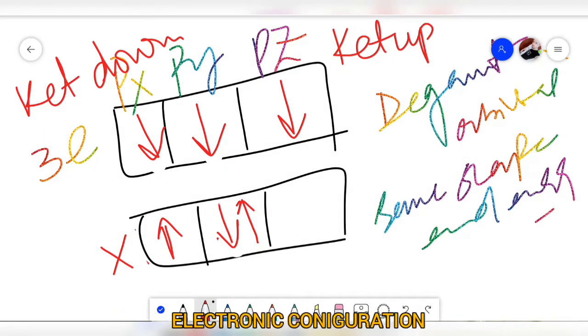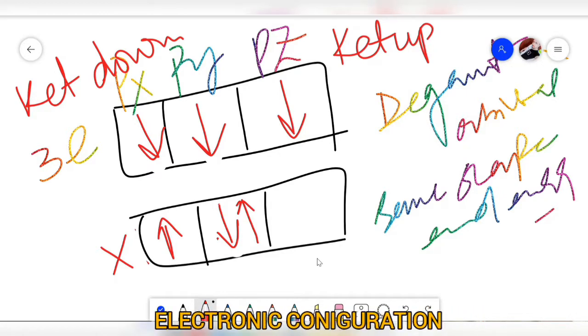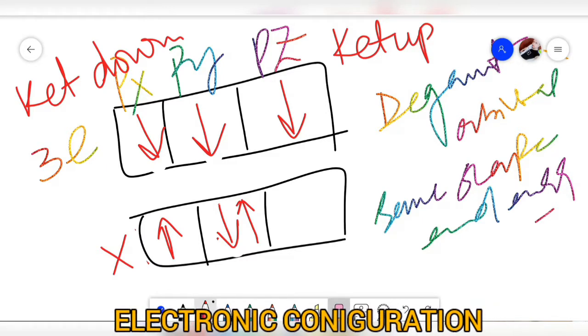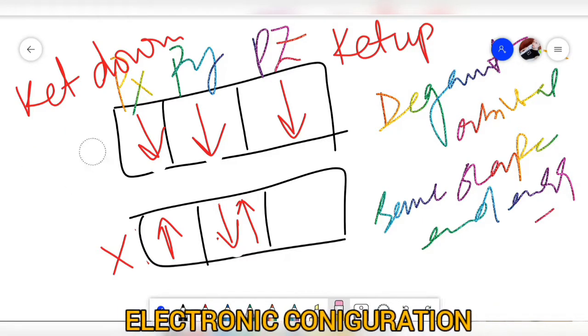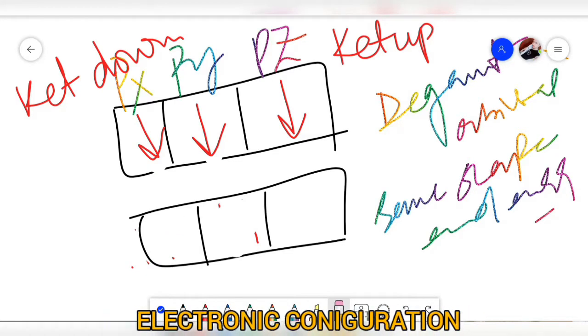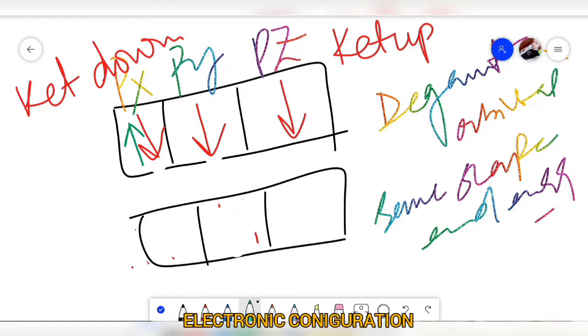Okay. Let us move once again. Now, if we have more than 3 electrons, what's going to happen to those ones? Now, having more than 3 electrons, we are going to show them. This will be the 4th electron. 4th electron should be shown in this way.